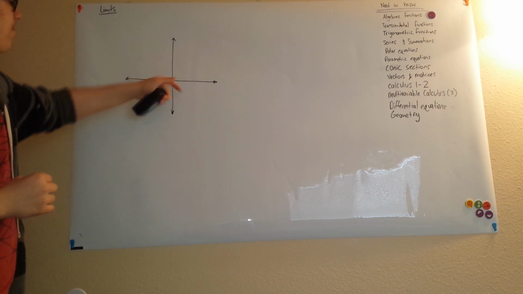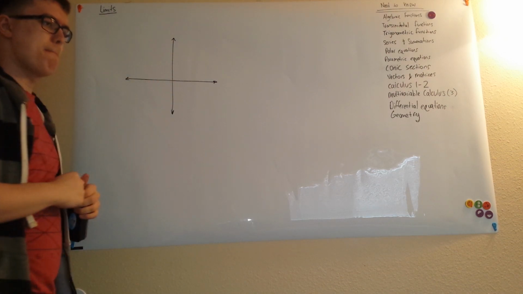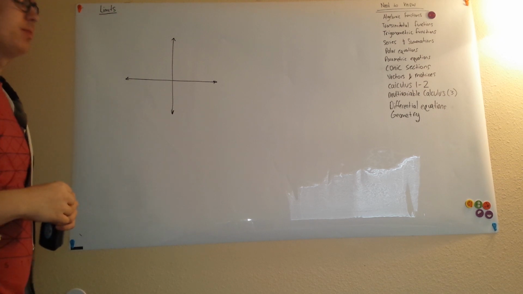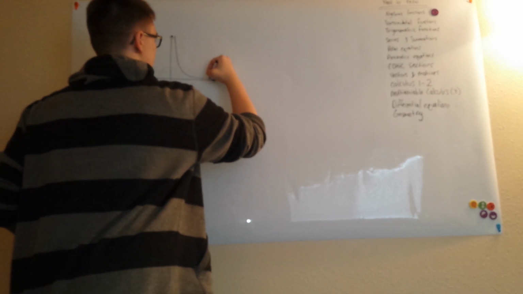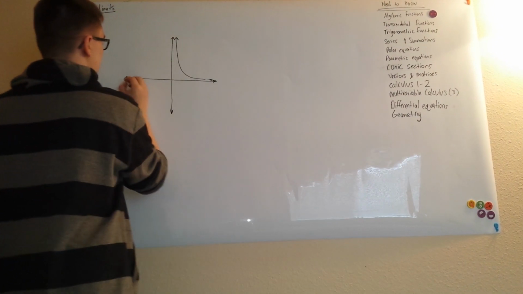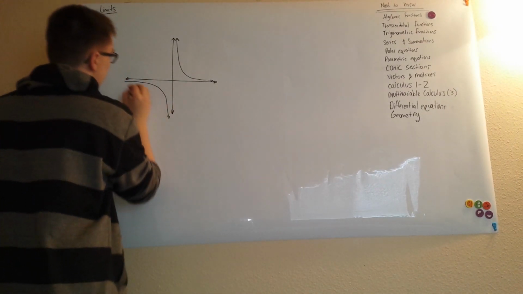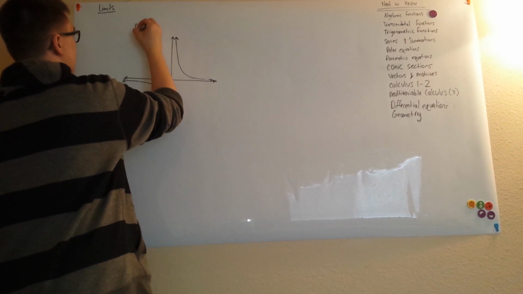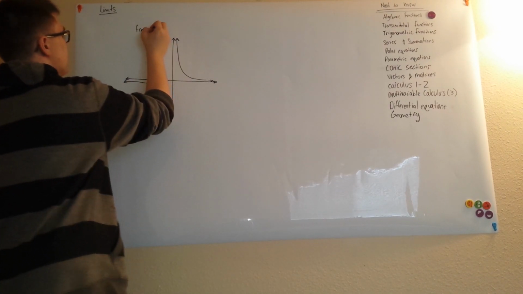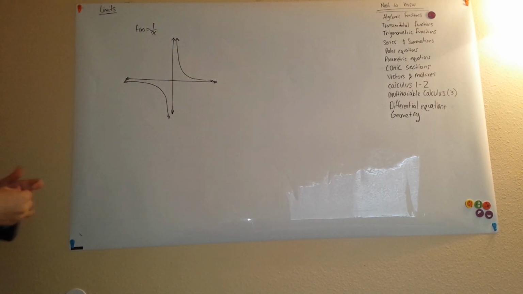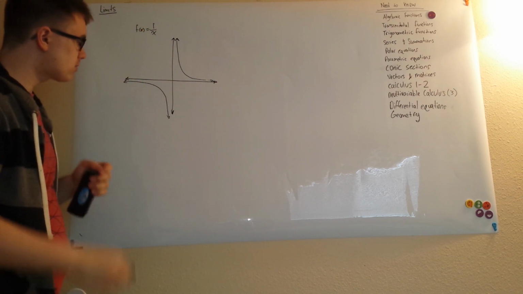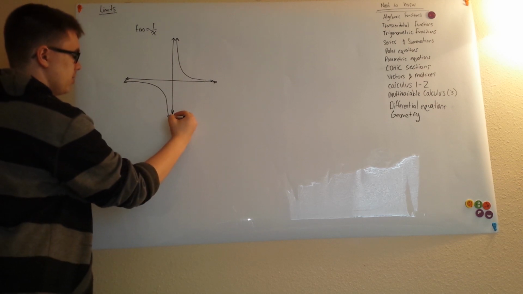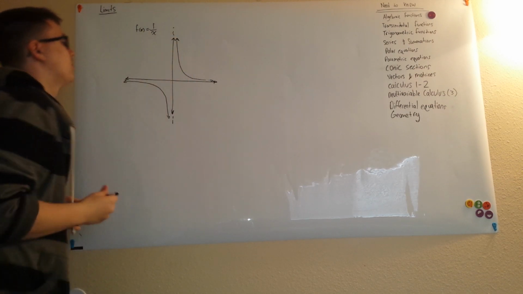So, if you have an asymptote, what does it look like? It looks like this. This is not an accurate representation of this function, but it is a representation. So this is 1 over x, and there's an asymptote at x equals 0.